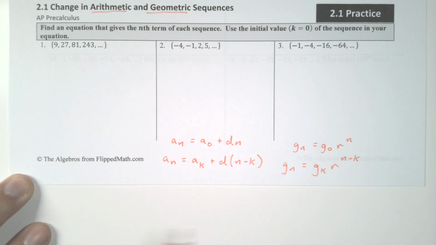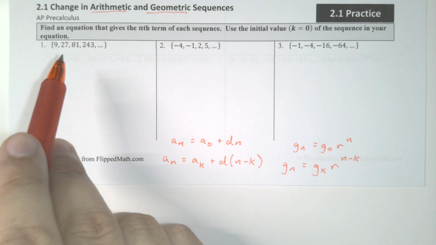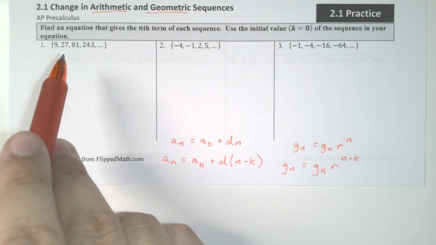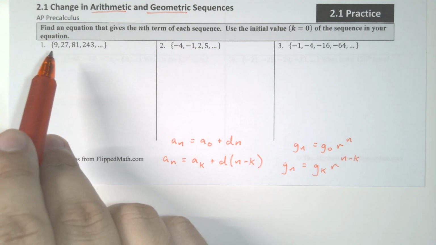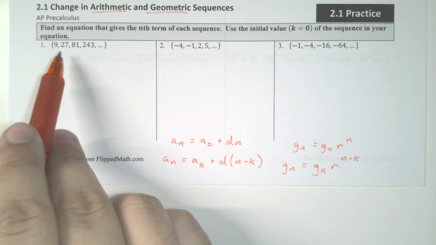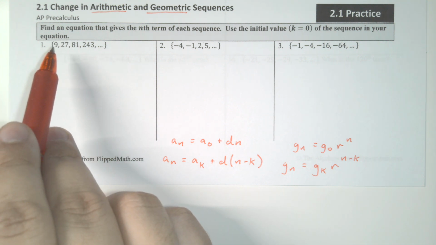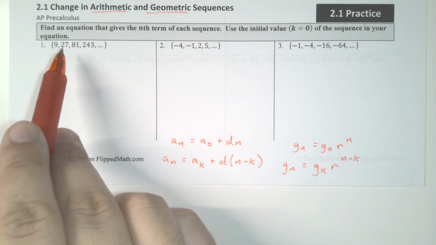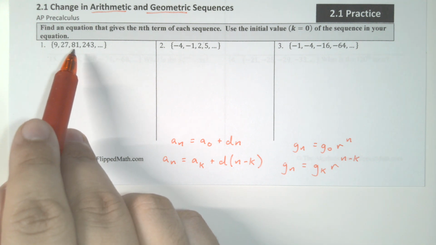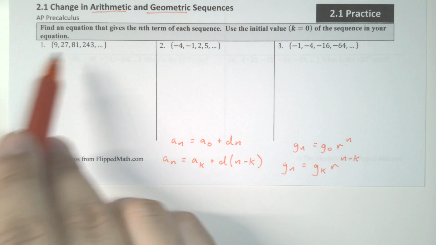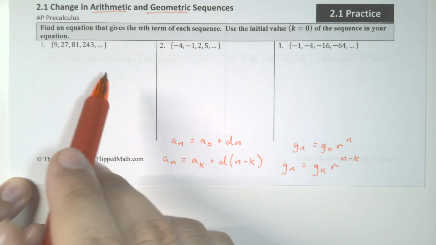So with that in mind, let's look at whether we have a geometric or arithmetic sequence here. Remember, with an arithmetic sequence, we're adding the same value for each term. So if this were arithmetic, 9 plus what gives us 27? Well, that'd be 18. But 27 plus 18 is not 81. So we know that this is not an arithmetic sequence.